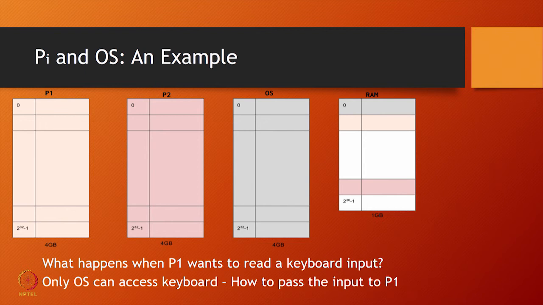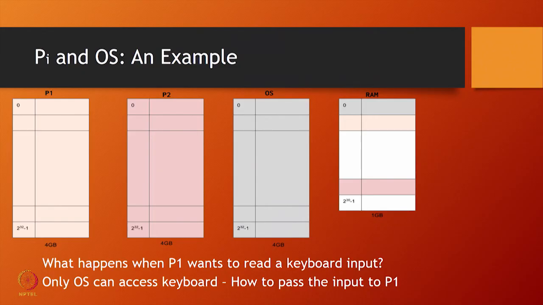When a process starts executing, from the process point of view there is a memory space which is 4GB. Let us take it as a 32-bit architecture, so a 4GB address space. If I am a process P1, I am given a 4GB address space. Similarly, another process P2 is also given a 4GB address space.